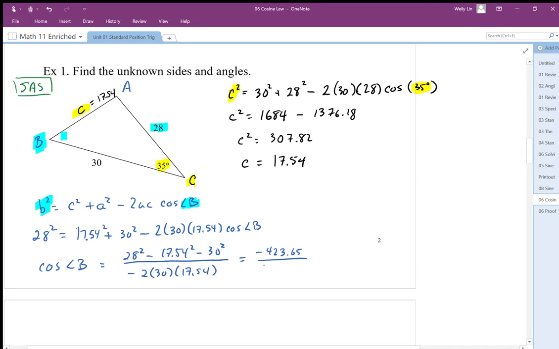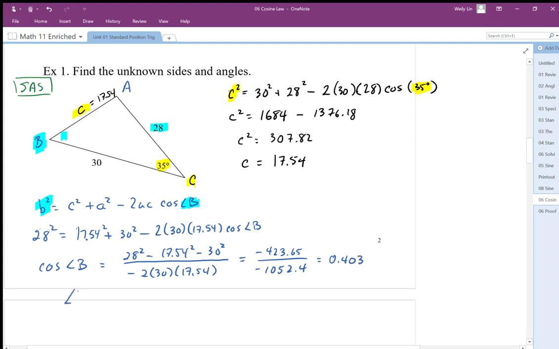In the denominator, I end up with negative 1052.4, and that cosine ratio works out to be 423.65 divided by 1052.4, so it's approximately 0.403. I'm going to round that to three decimal places.